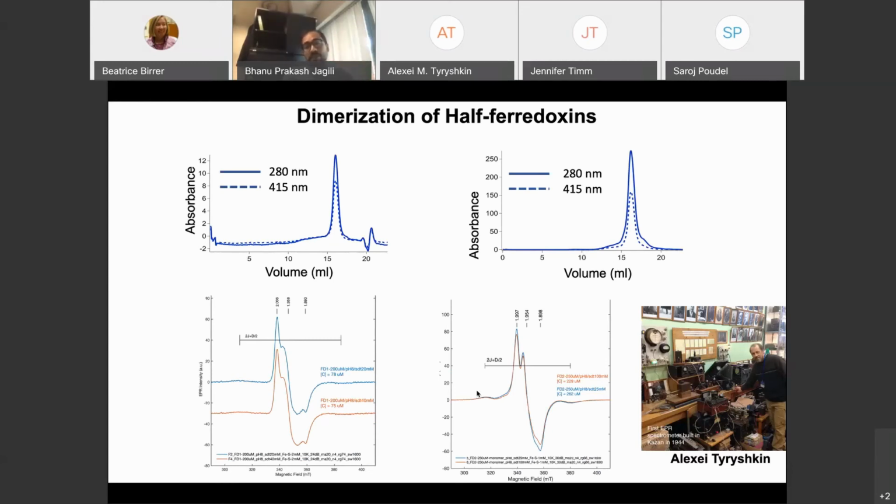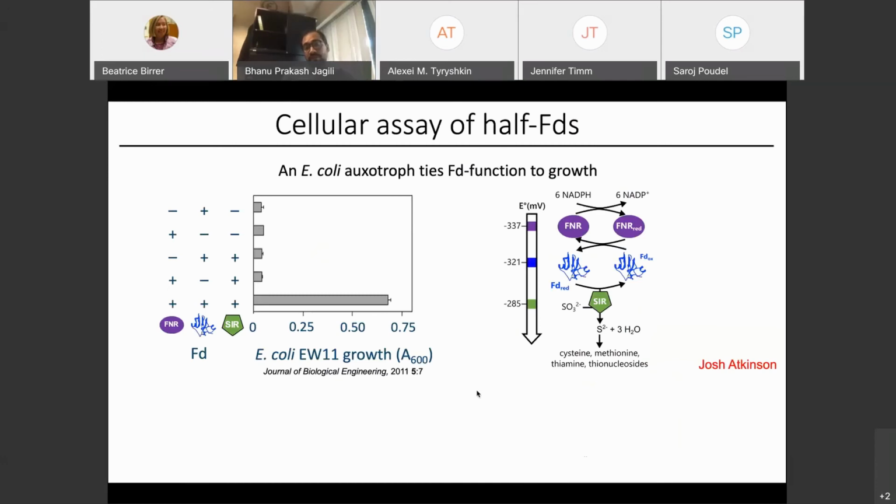So now we know that these peptides can bind to iron-sulfur cluster and can transfer electrons in vitro. Now the question is whether these designs transfer electrons inside an E. coli. For that, we have performed a biological electron transfer assay. For this assay, we have employed the E. coli EW11 strain. This strain is an auxotroph, and if we provide sulfite ion as the sole sulfur source, these bacteria cannot survive.